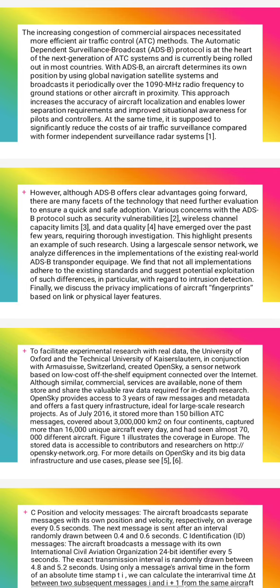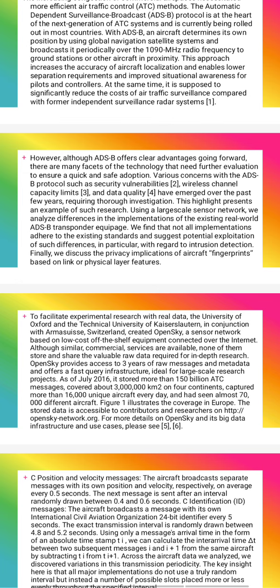However, although ADS-B offers clear advantages going forward, there are many aspects of the technology that need further evaluation to ensure a quick and safe adoption. Various concerns with ADS-B have emerged over the past years, such as security, privacy, wireless channel capacity limits, and data quality.